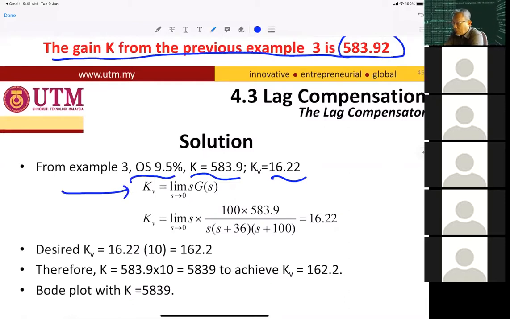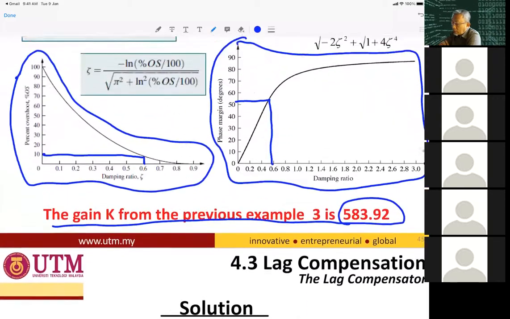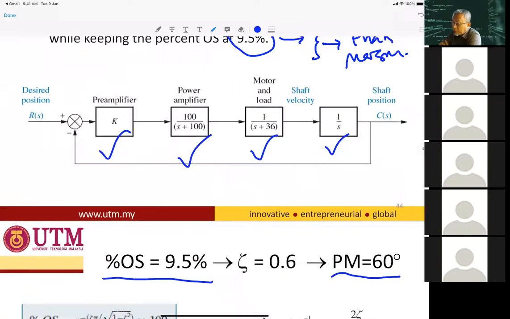KV is equal to the limit as S goes to 0 of S times G(S), where G(S) is the open loop, which will be the gain and the poles at the origin, at minus 36, and at minus 100, which is from here.